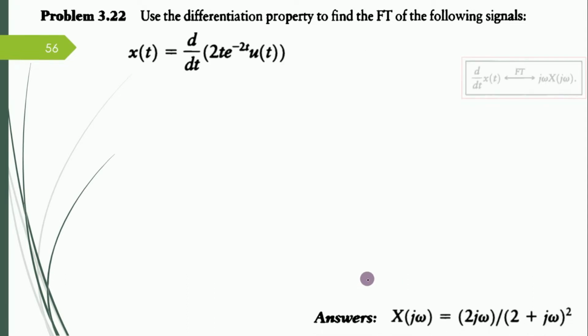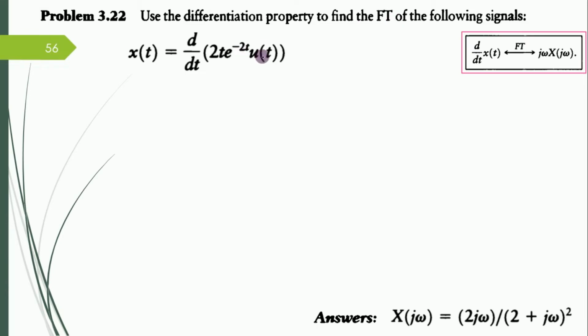we have one more problem. d by dt of x of t, the differentiation pair is given here. Now you have to take this, t into e raised to minus 2t u of t. For this, I write the FT pair of t into e raised to minus at u of t, which we had solved earlier.